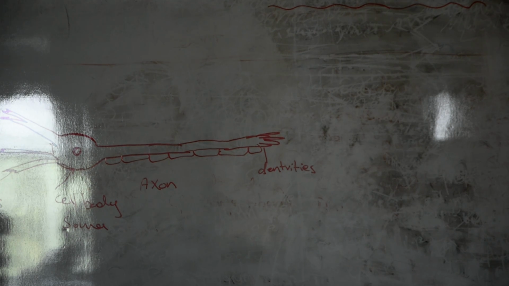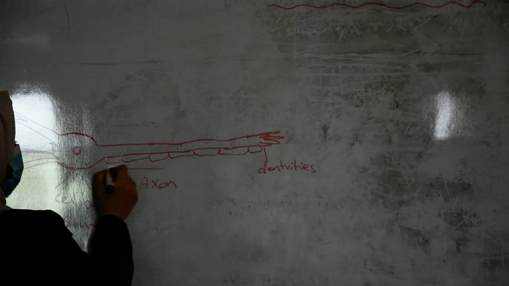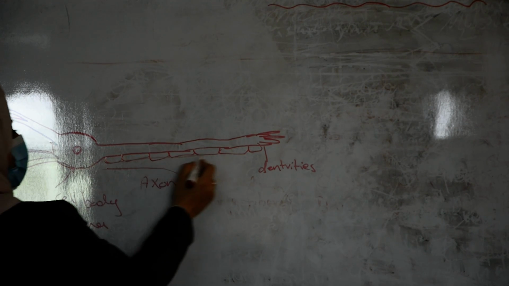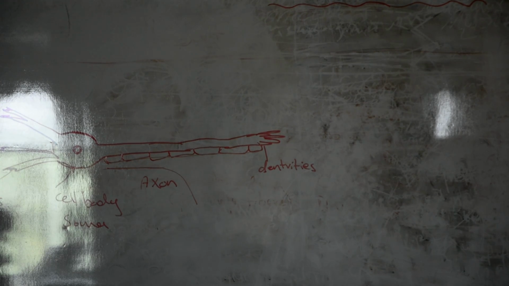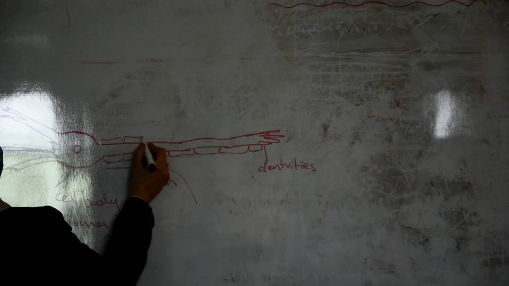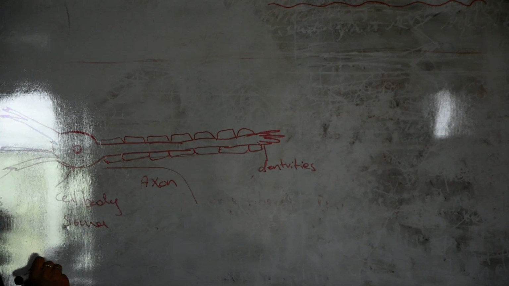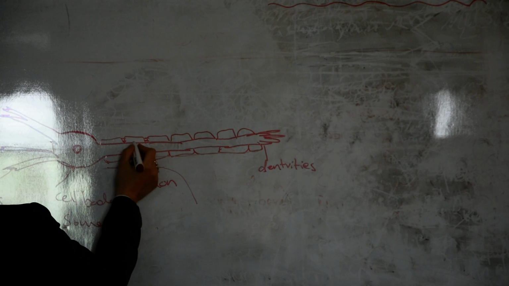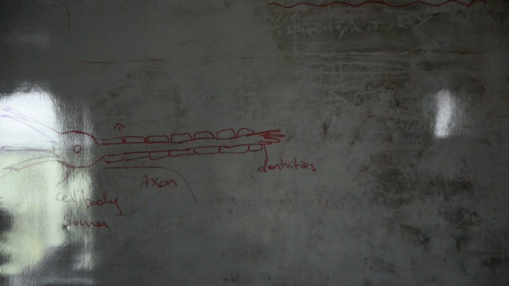So in the central nervous system, the oligodendrocyte releases the myelin sheath, while in the peripheral nervous system, the myelin sheath is released by a specific cell, the Schwann cell. And the distance between two myelin sheaths is called the node of Ranvier.